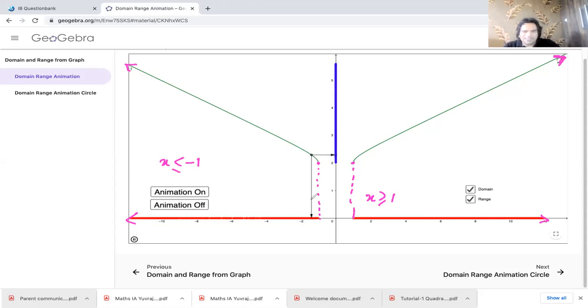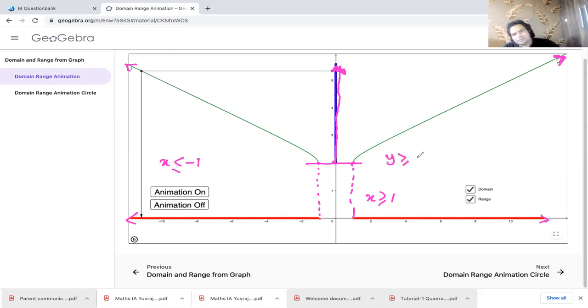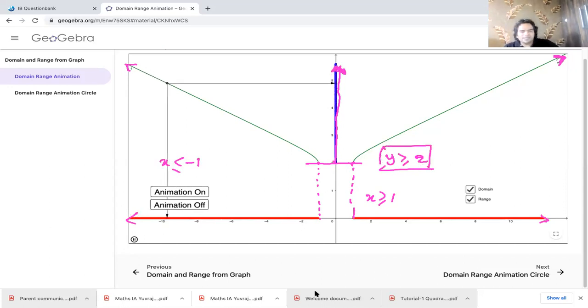Now if you look at the range, it is along the y-axis. The y values here are above this line, so y is greater than or equal to +2. So that's your domain and range for this specific graph.